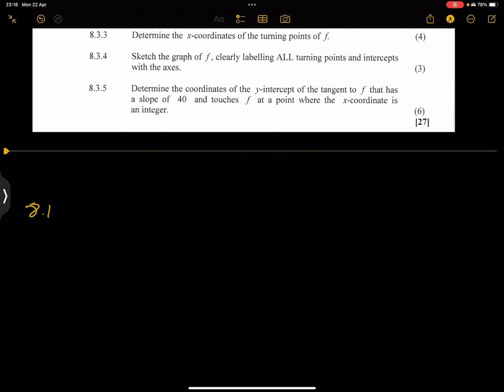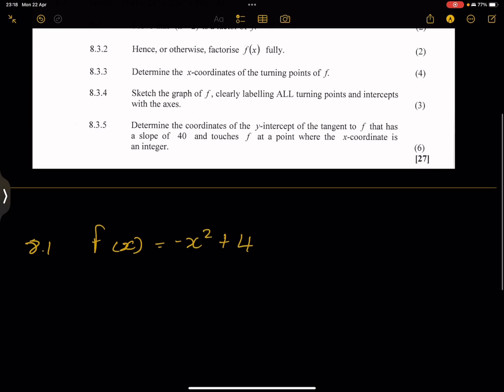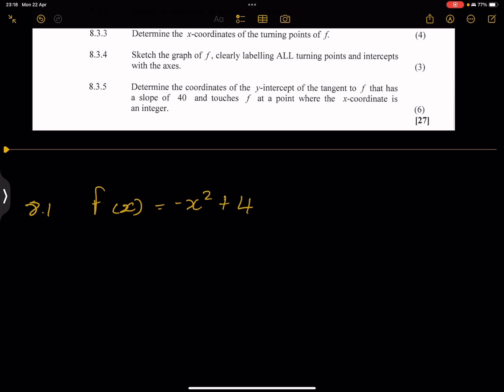So we know that, given f of x, which is minus x squared plus 4, if we take f of x plus h, what will this be? This will be minus (x plus h) squared plus 4.